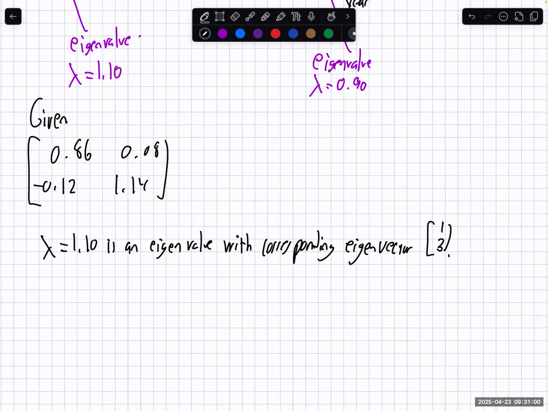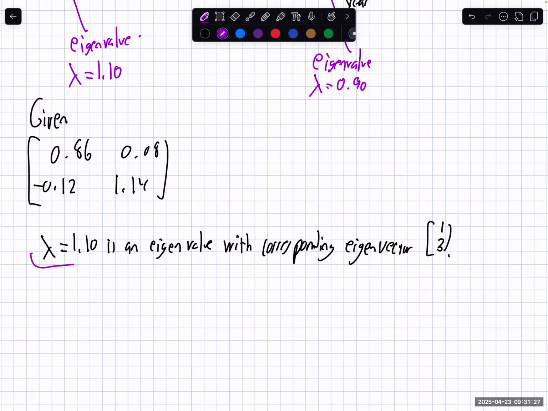We're given a matrix, and then the eigenvector represents a special ratio where both components change by the same relative amount. So the factor that represents the relative change is the eigenvalue, and then we have a corresponding eigenvector.